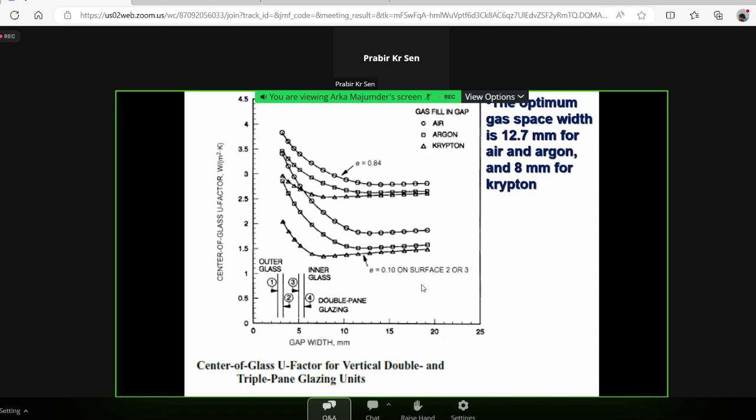So a 12.7 millimeter air gap will give a little less than 3 U factor. But if you use argon or krypton, you get lesser.